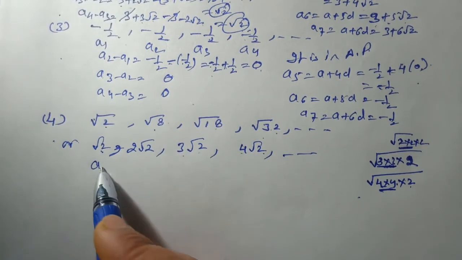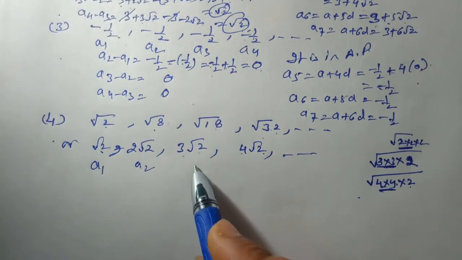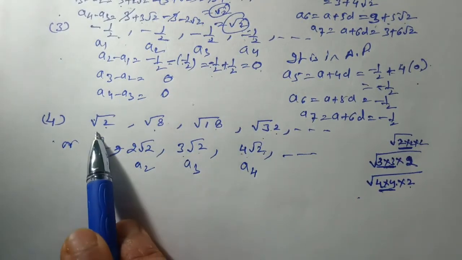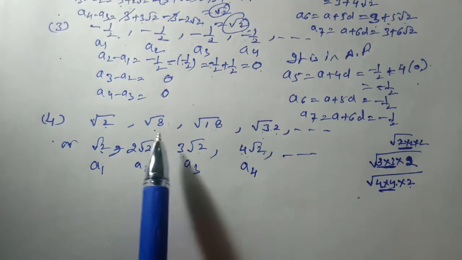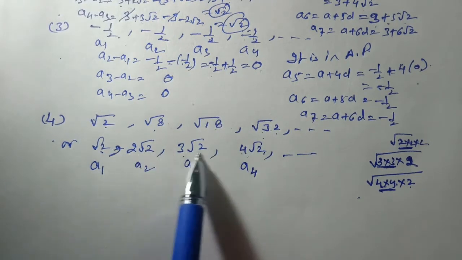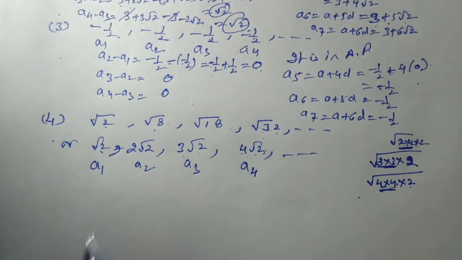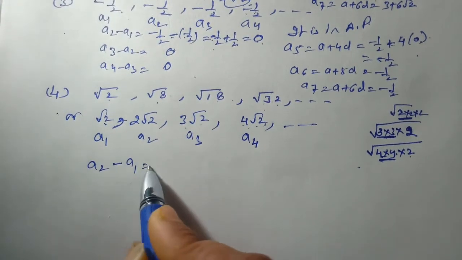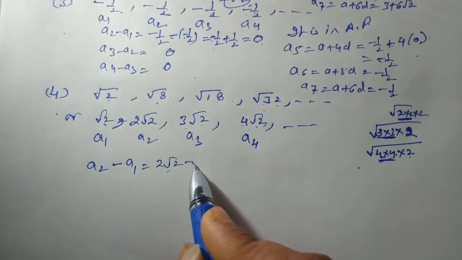Here we have the first term root 2, second term 2 root 2, third term 3 root 2 and fourth term 4 root 2. Whenever you have any number in square root form, first find the pair and try to solve it. Now let us find the difference. A2 minus A1, 2 root 2 minus root 2.